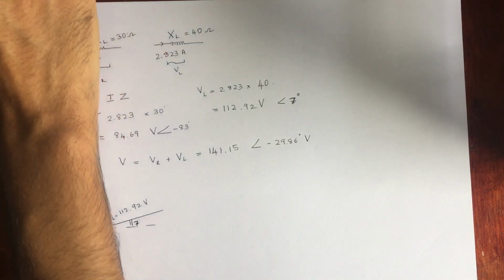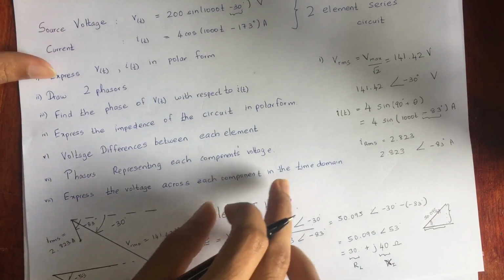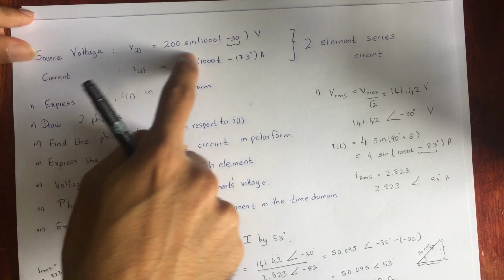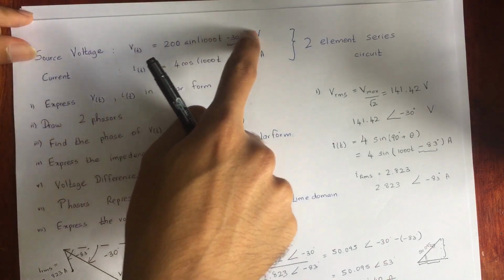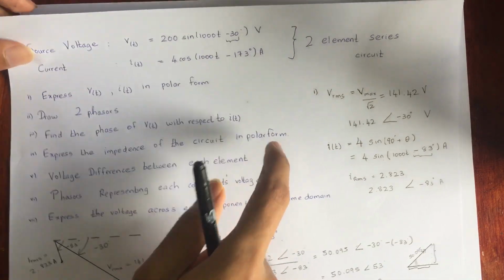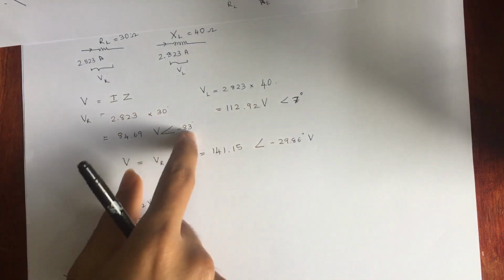Okay. So the next part is to express the voltage across each component in the time domain. In the previous question we knew the value of this, and after that we converted it to polar form. However, in this question we already found the value for each component's voltage in polar form.